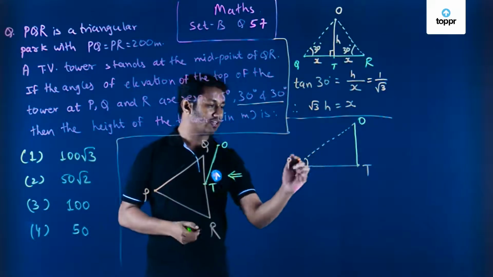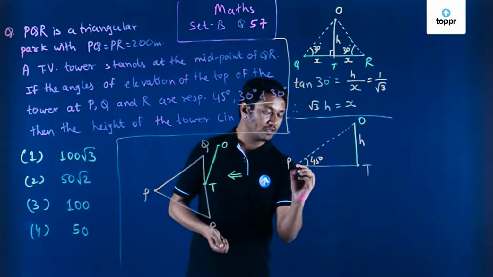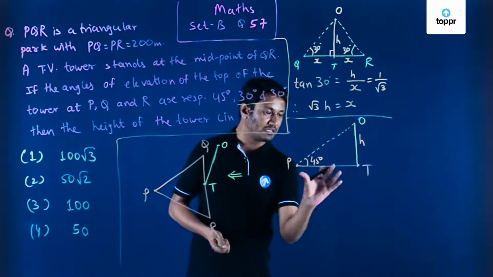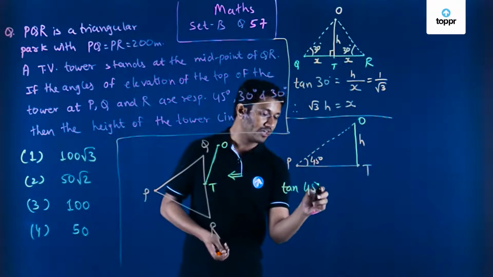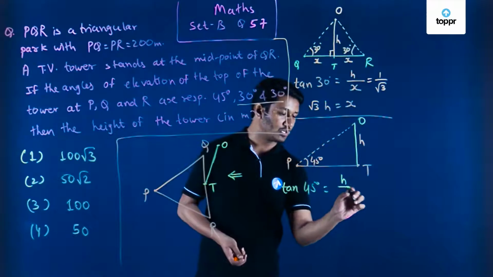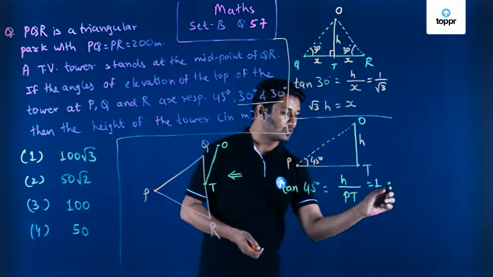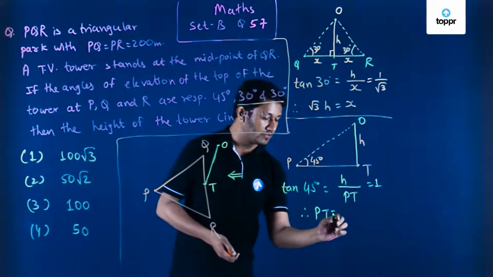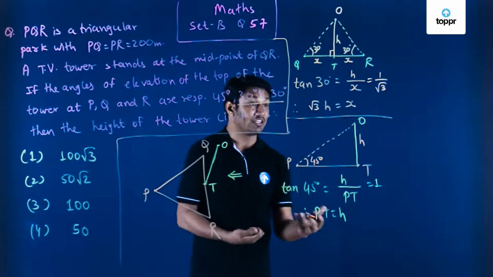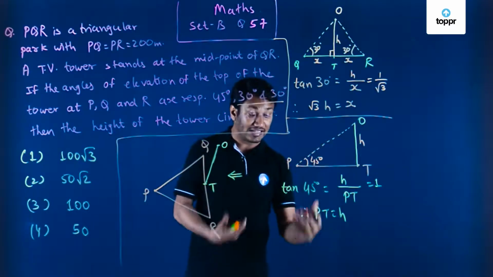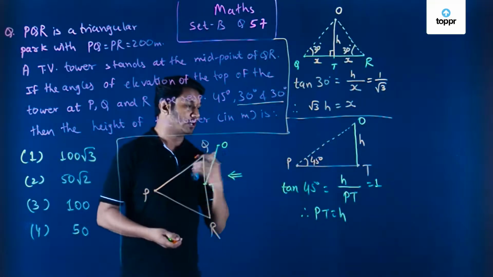So if you see this angle, this will be nothing but 45 degree. This is height of the tower, so this will be H, and from P to T will be some distance. So once again, if I use ratio tan 45 degree will be nothing but opposite side, which is H, upon the adjacent side, that is PT. Now tan 45 is 1, so we get PT is equal to H. Now this does not give us the value of H or value of X, but yes, it tells us that this PT is also equal to H, which is going to be very important information in next step.